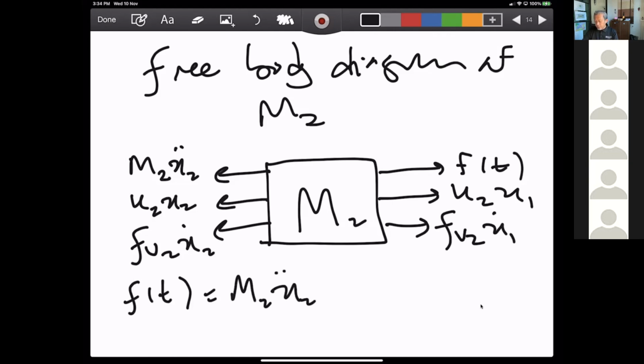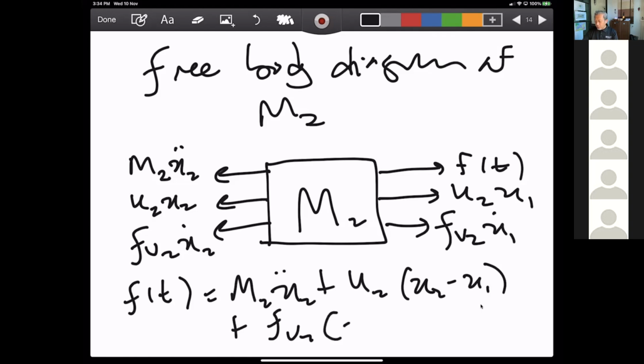M2 x2 double dot plus K2 (x2 minus x1) plus FV2, the friction between M2 and M3, which is (x2 dot minus x1 dot). Equation.